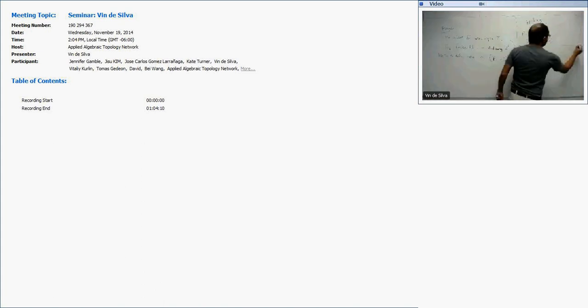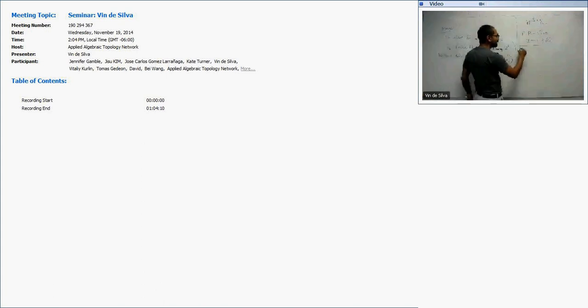What's really nice about this, though I haven't said too much about how these metrics really work, is that you very easily get the following kind of theorem.